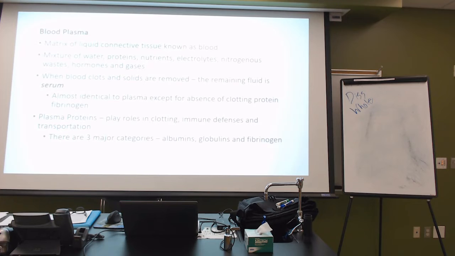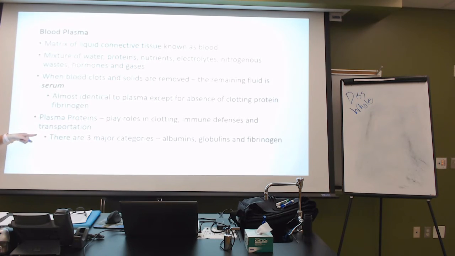So these proteins, we're going to find that proteins that we find in the blood can help us with clotting, like we would be thinking of with those clotting factors, because that's proteins, okay? Immune defense, antibodies, for example.